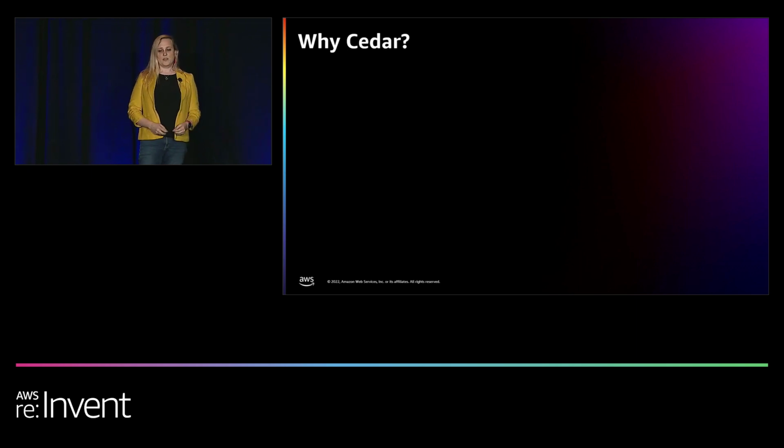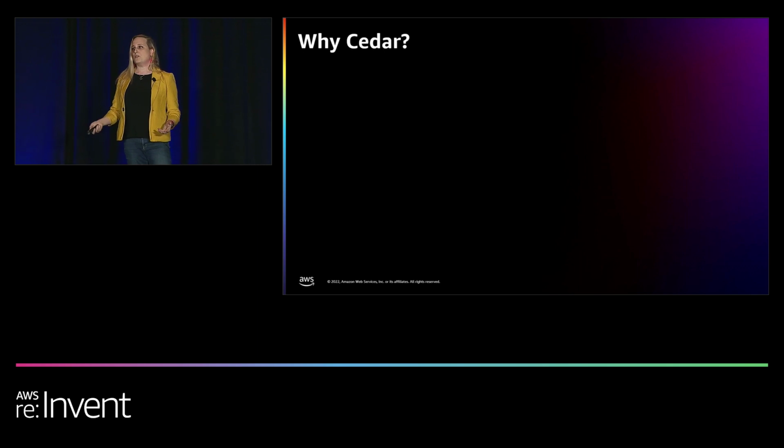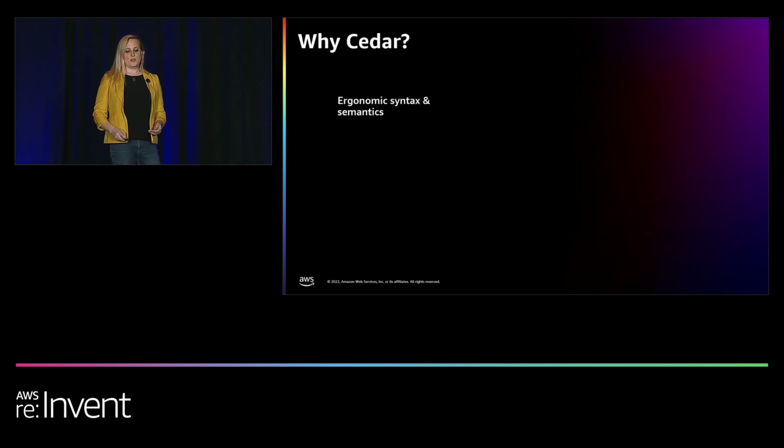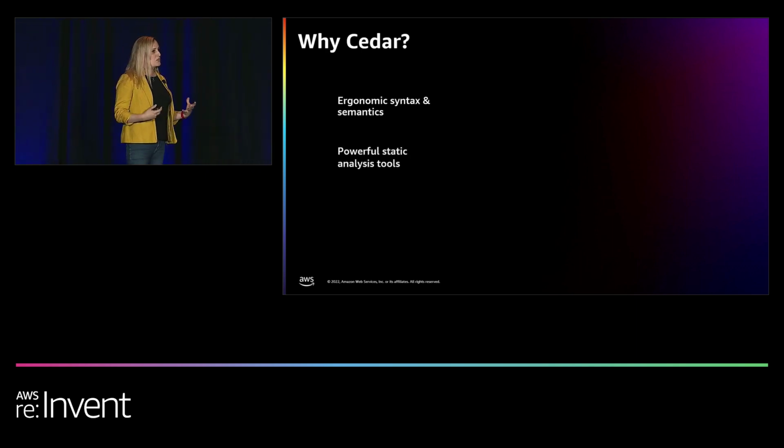And it turns out that those options didn't fit a set of criteria that we had for what would be really effective. So when you're either creating or choosing a policy language, we think there are three really important criteria for what makes a great policy language. First, it has to be expressive. You have to be able to write the policies that are important to your application. You have to actually be able to create the controls that you're looking for. Second, it has to be strict enough to support static analysis and debugging.